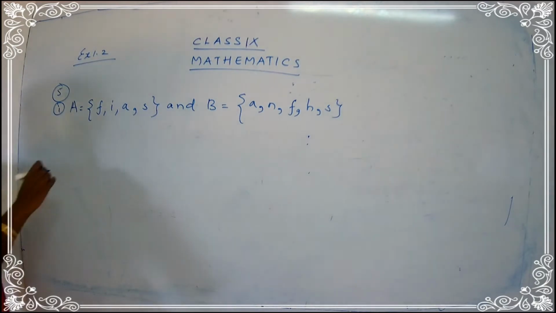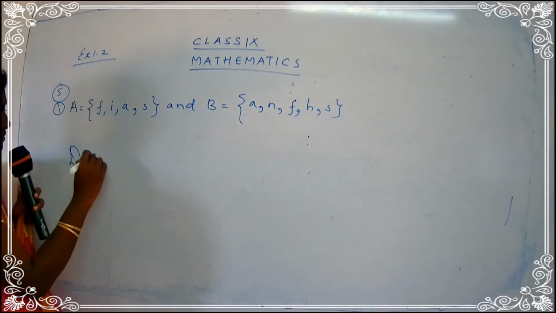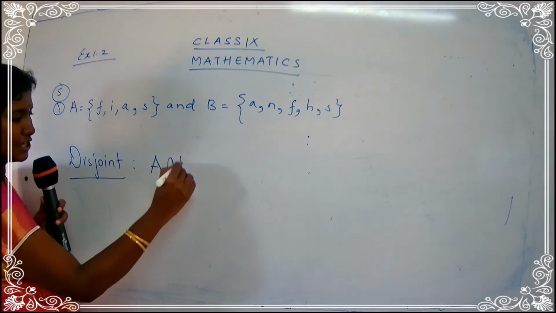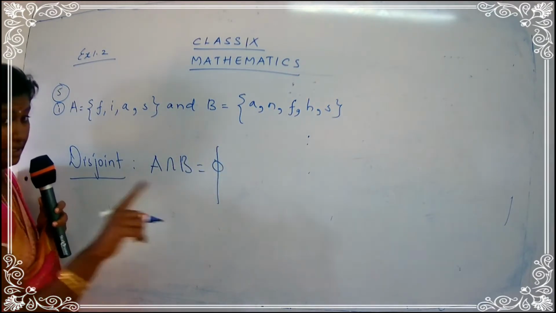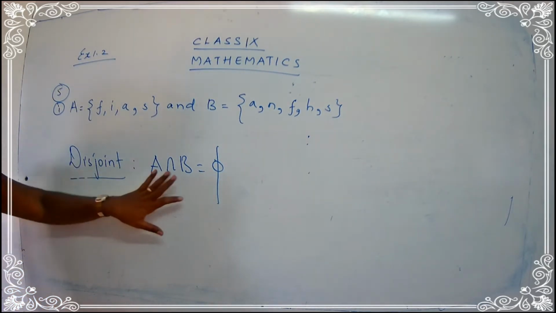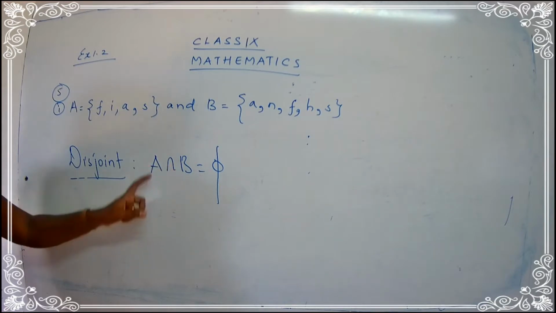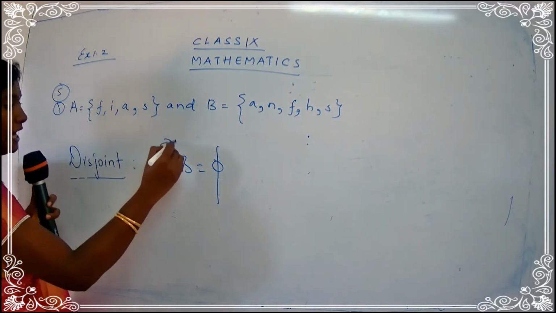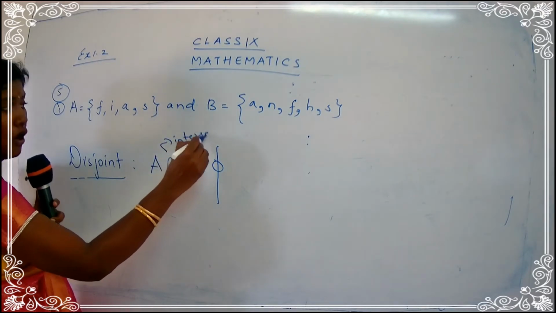Disjoint means for a disjoint set there should be no common element, that is, A intersection B should be empty. I hope you are thorough with the definitions. The sign for intersection is the inverted U. That means there is nothing common.